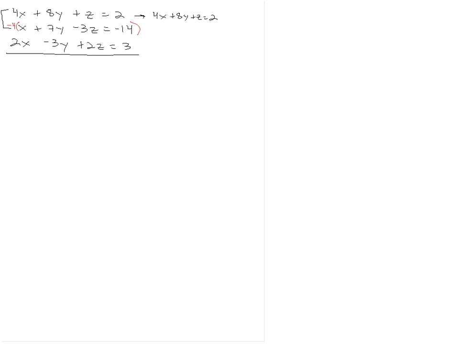But this one becomes negative 4x, negative 28y, positive 12z, and equals positive 56. Those cancel out. This gives me negative 20y plus 14z equals 58.